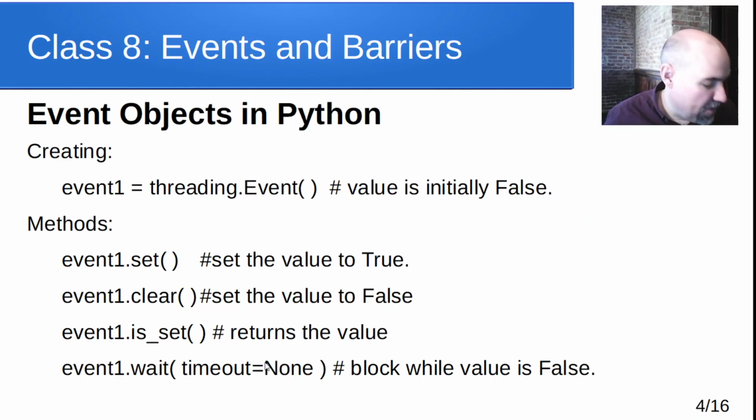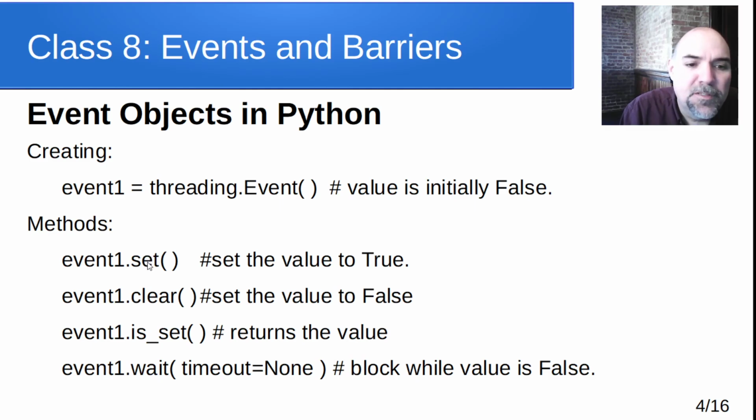So objects in Python. First off, to create one, it's in the threading module. So you do threading.Event. And then in the set of methods that we have here, event1.set, event1.clear, event1.isSet, event1.wait.